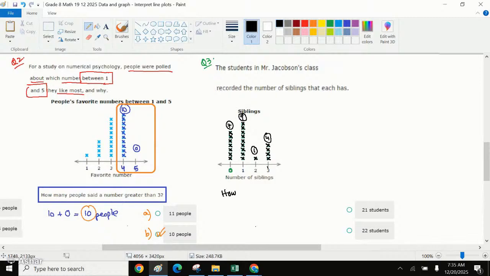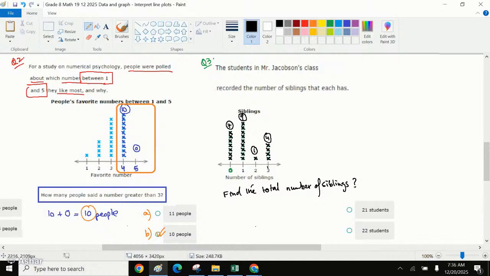Let's make a question over here. Let's suppose we would say, what is the total number of siblings? Find the total number of siblings altogether, right?